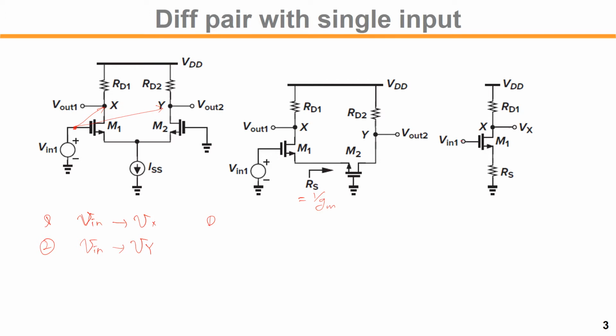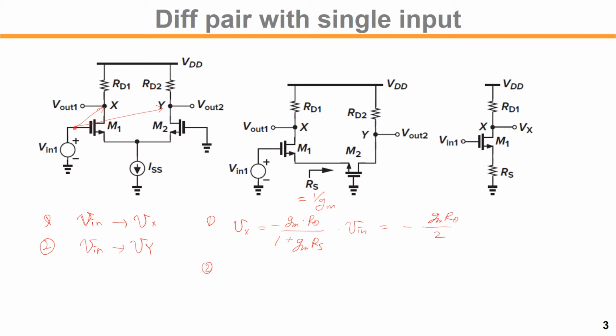So Vx would be Vin times gm RD over 1 plus gm Rs, right? That would be minus. So Rs equal to 1 over gm. So gm RD over 2.